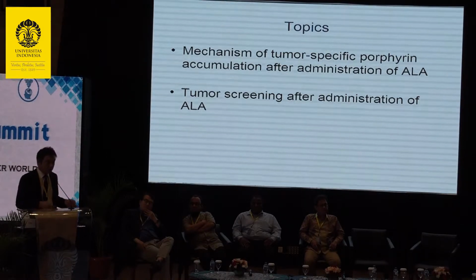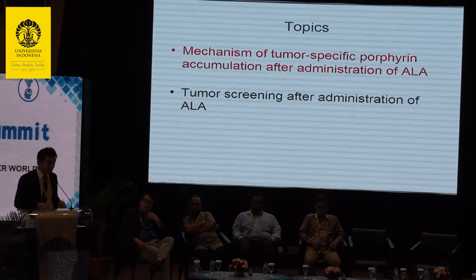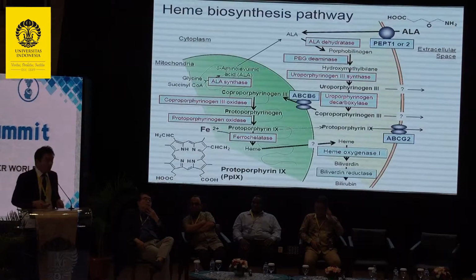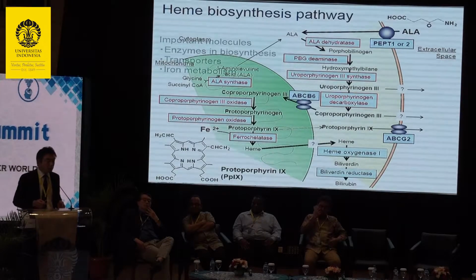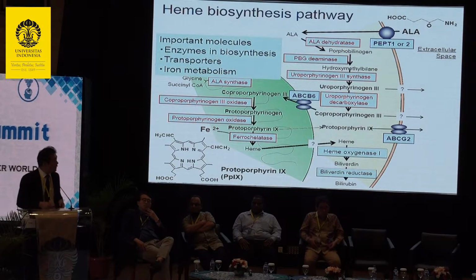I'd like to go to the other topics. Okay, first I'd like to show the mechanism perspective. This is the structure of ALA, and this is the structure of protoporphyrin. ALA is taken up by the transporter located here.